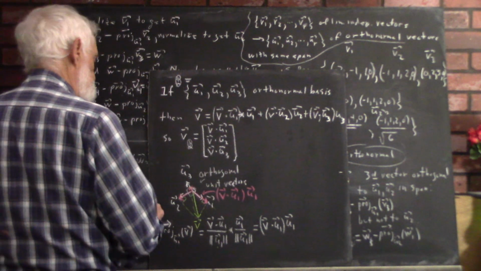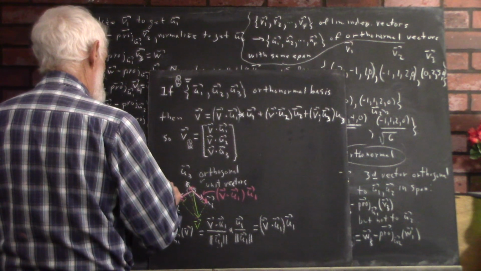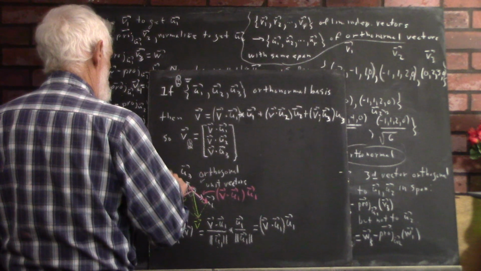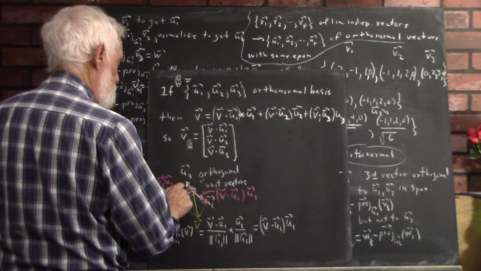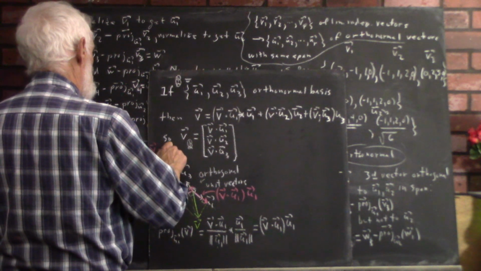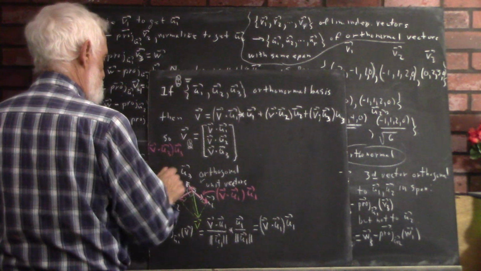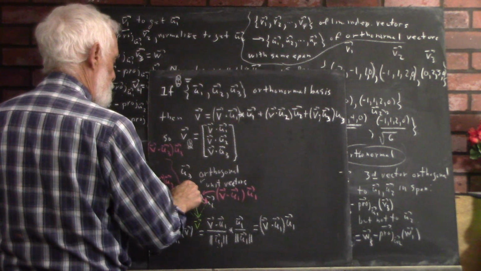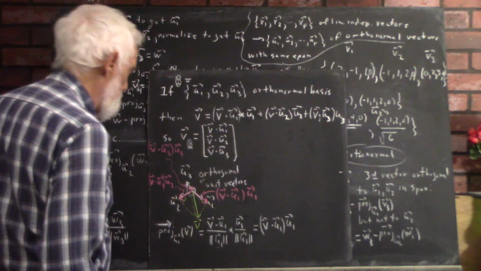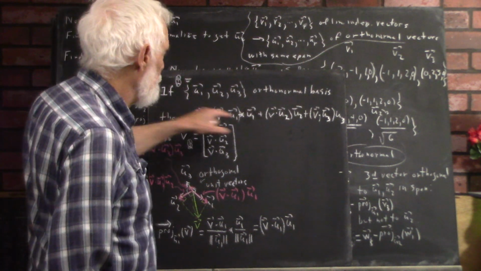This vector is v dot u2 times u2, this vector here is v dot u3 times u3. V is the sum of these three vectors, and that's what I wrote here.